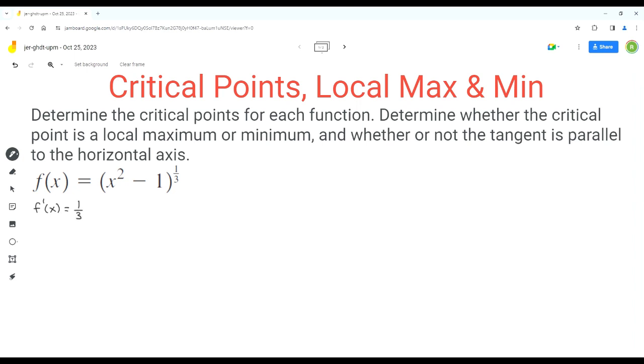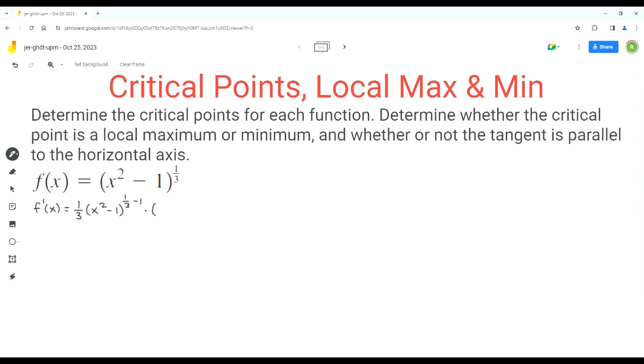So 1 over 3 times parentheses x squared minus 1, and now we'll subtract 1 from the exponent, times the derivative of the inner function, and the inner function is x squared minus 1.